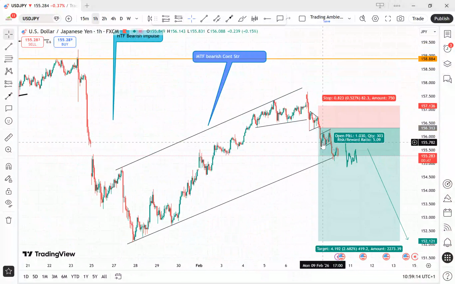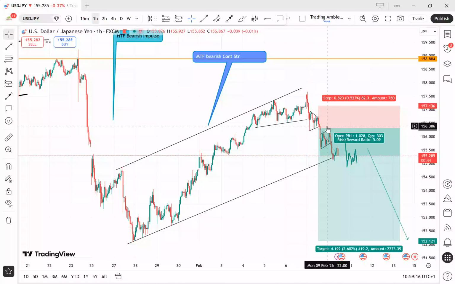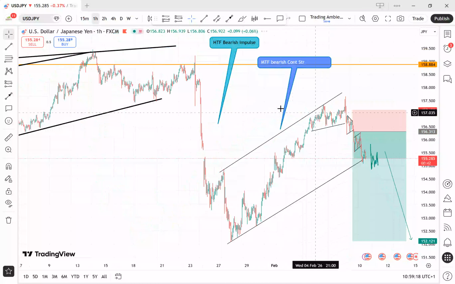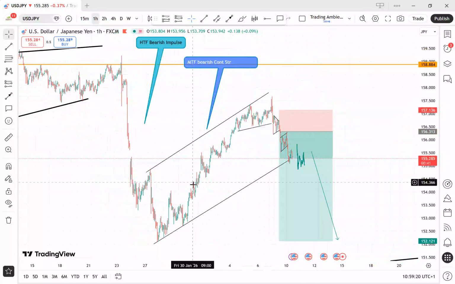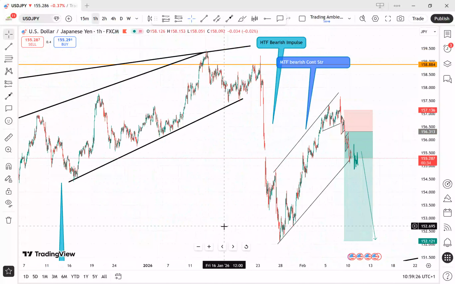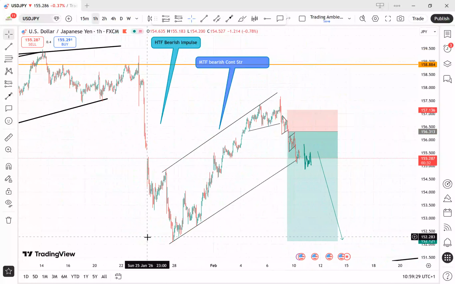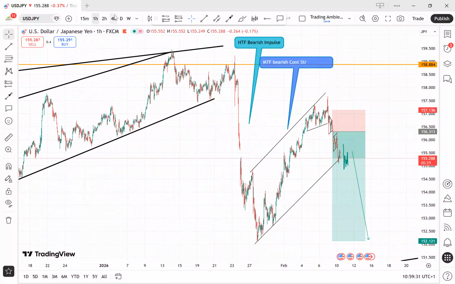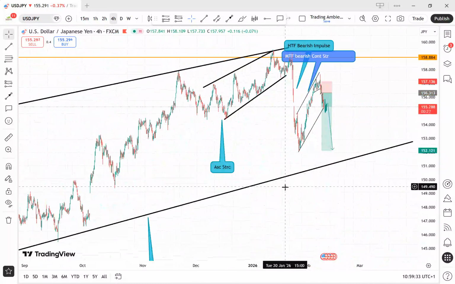So yesterday I placed my entry below here. The price took me in and is currently running in profit. So I'll be looking forward to see the price print another continuation structure here and see if it will be clean enough to take us to this low on the mid time frame for USD JPY.